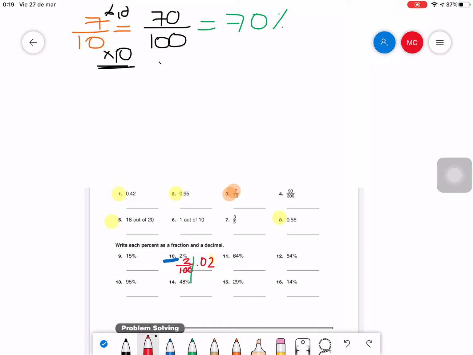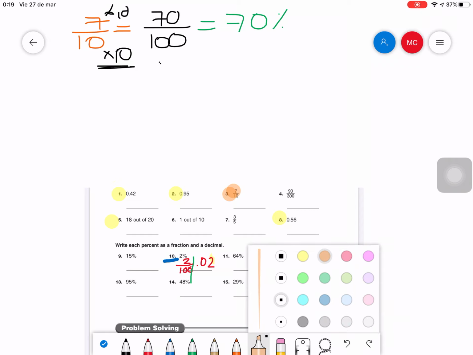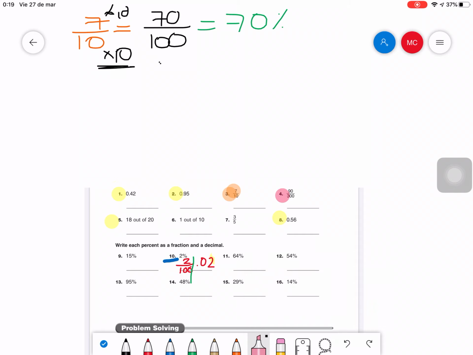Now, problem number 4, okay? It is 90 out of 300. Can you remember the main goal that I mentioned a moment ago? My main goal was to convert this fraction into a fraction like this one, in which the denominator is 100.